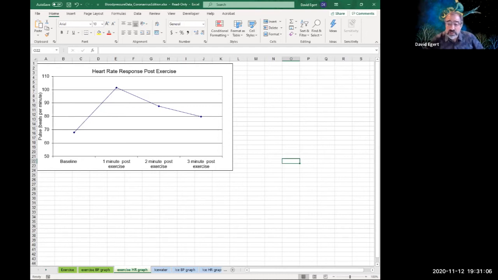And it's going to be different for different people. This is on average. As I was mentioning last time, there is a huge range, and it's usually used as a measure of fitness, how quickly you return to resting after.